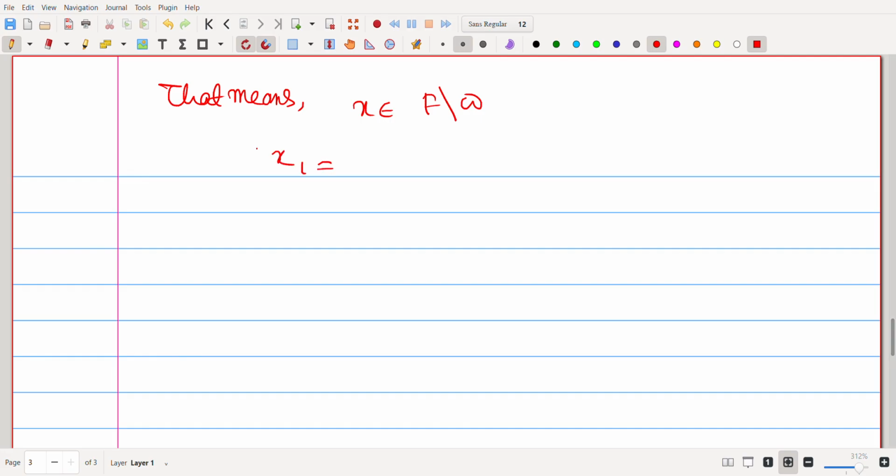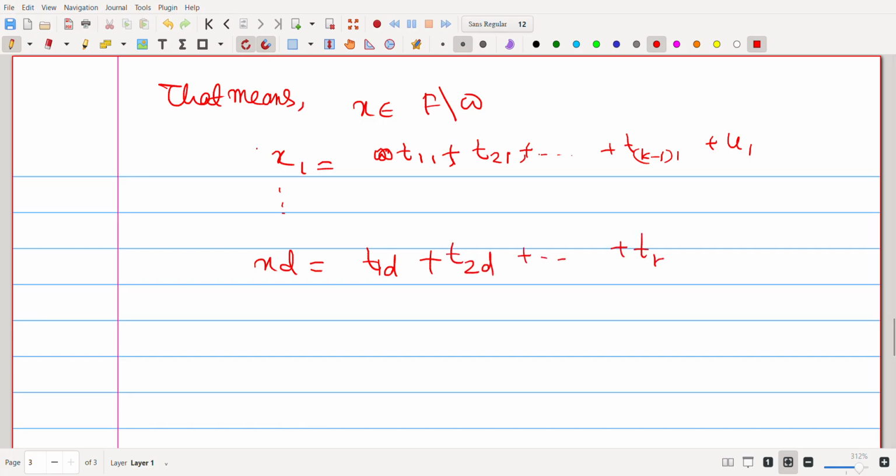So x1 equals t11 plus t21 plus up to t(k minus 1)1 plus u1. In this way, xd equals t1d plus t2d plus up to t(k minus 1)d plus ud.